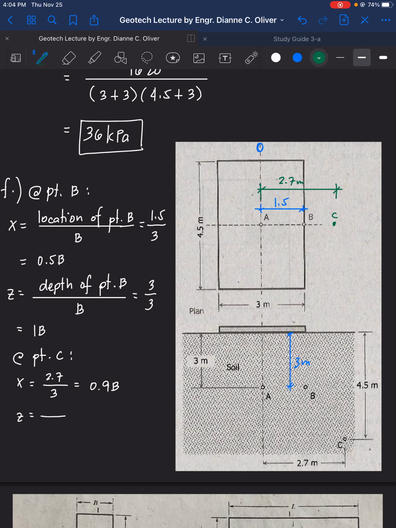Then for the depth, Z here is equal to 4.5 meters. 4.5 divided by 3, the base, is 1.5B.